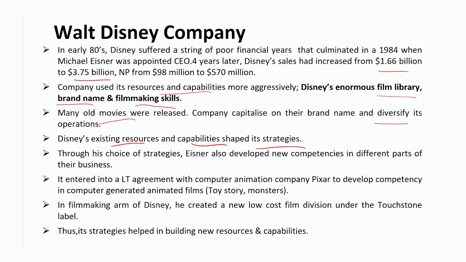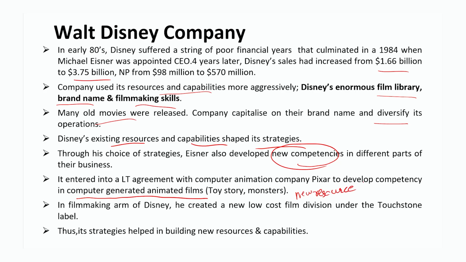But the reciprocal relation would mean that through their choice of strategy, they also created new competencies. What were the new competencies? It entered into a long-term agreement with Pixar to develop competency in computer-generated animated films. So it was a new resource which was created because of a particular strategy.